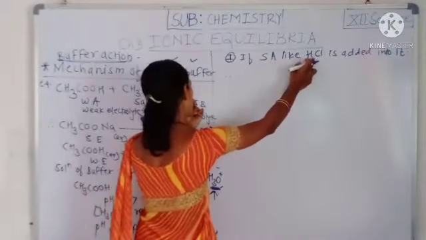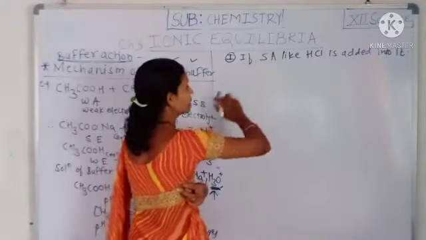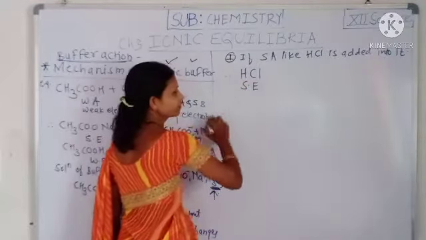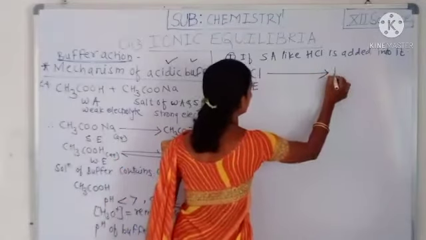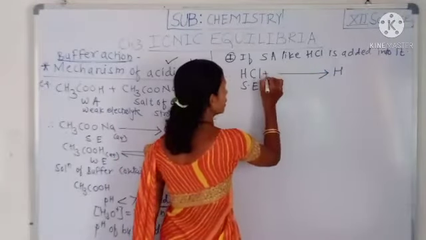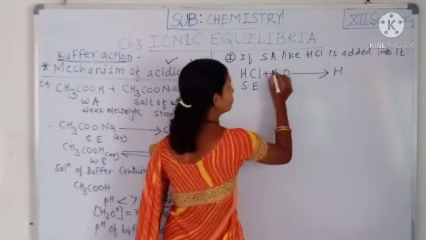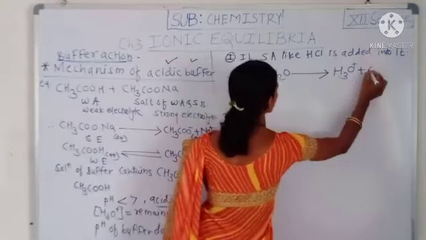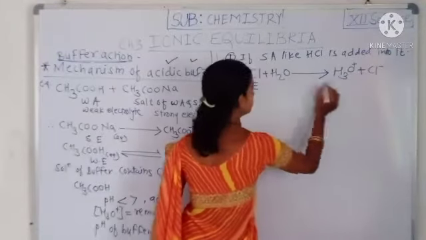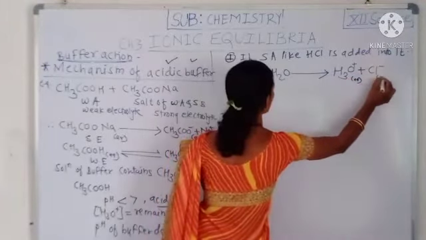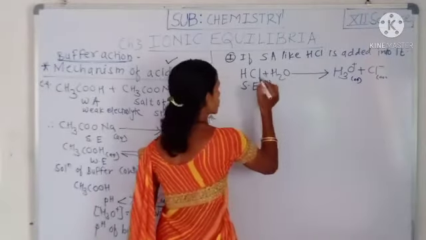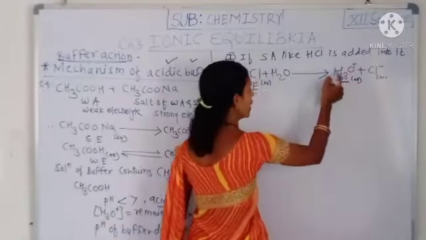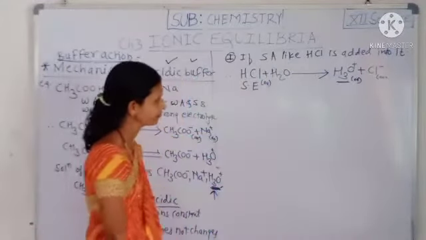When HCl, a strong acid, is added, as it is a strong electrolyte it dissociates completely in aqueous medium to give hydronium ion plus Cl minus ion. So in the buffer solution the number of hydronium ions increases.